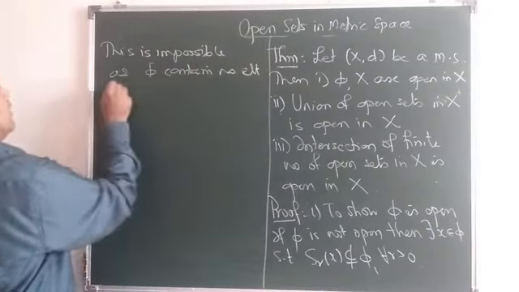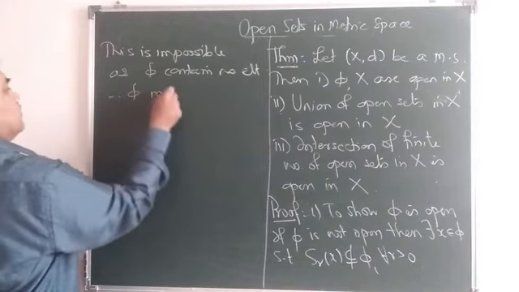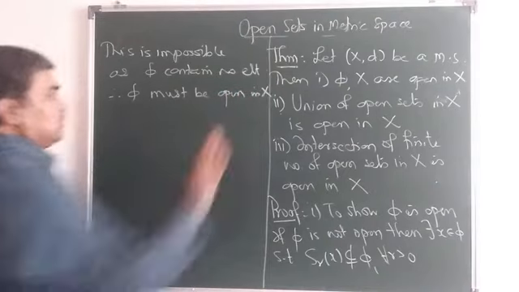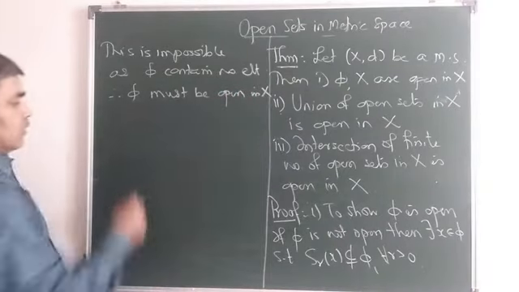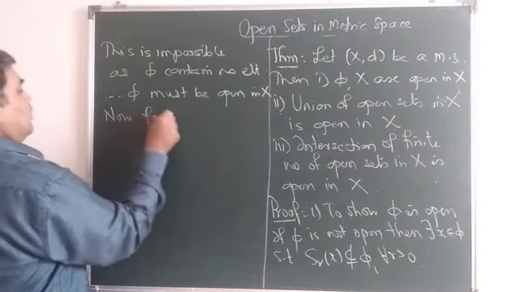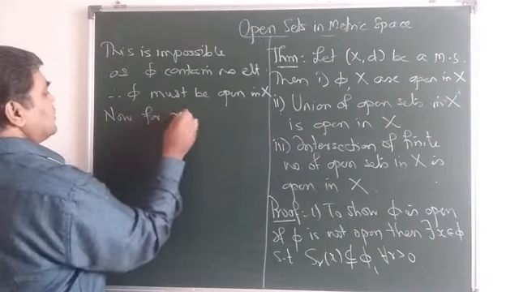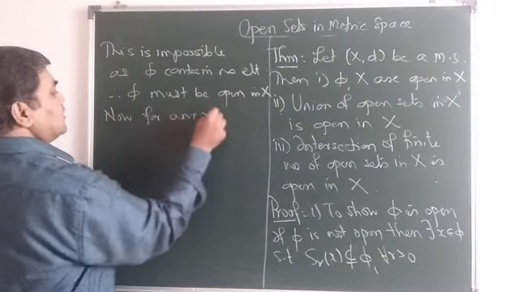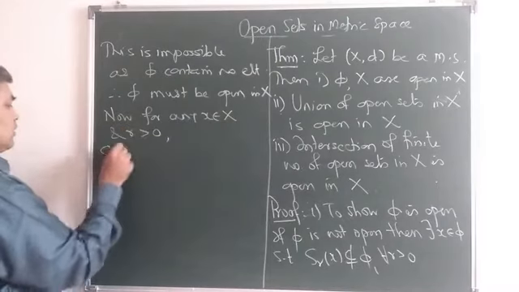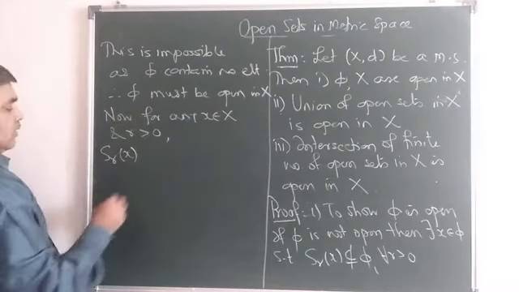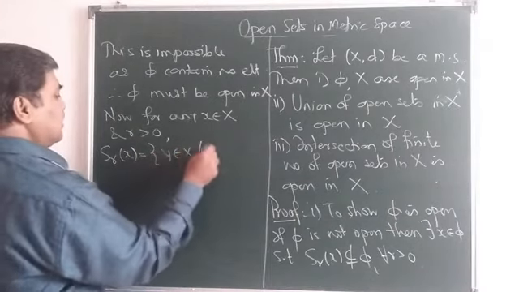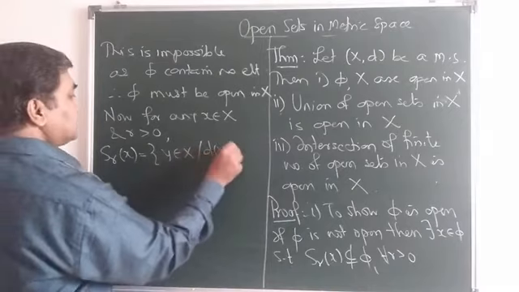Therefore, phi must be open in X. Now, for any x belonging to X and r greater than 0, the open sphere about x with radius r is equal to the set of y belonging to X such that d(y, x) is less than r.